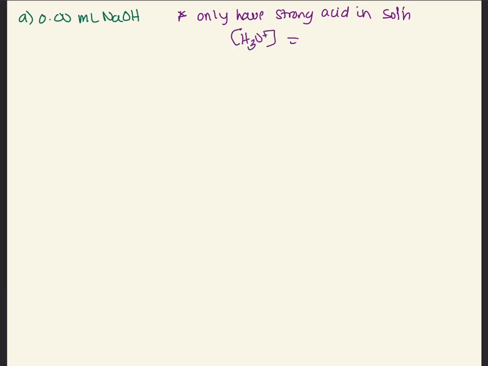So we have 0 milliliters of sodium hydroxide. So at this point, we only have our strong acid in solution. And remember, when you're dealing with a strong acid, the concentration of the hydronium ion, which is what we need in order to calculate the pH, is equal to the concentration of your strong acid.